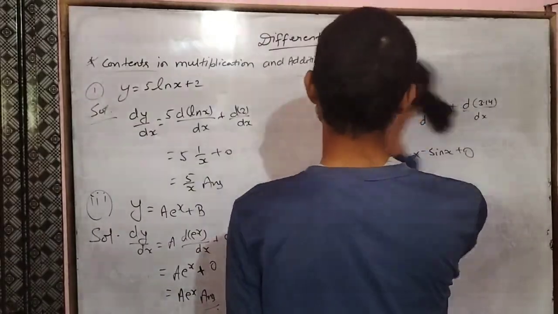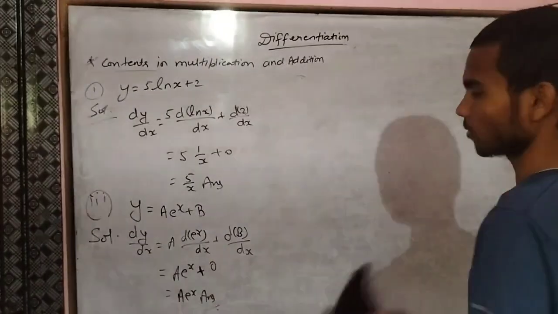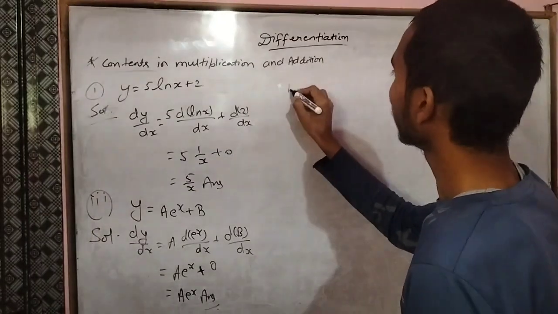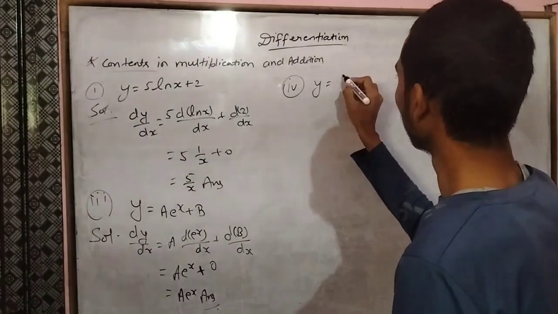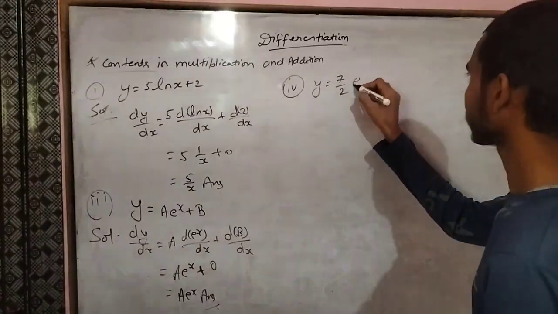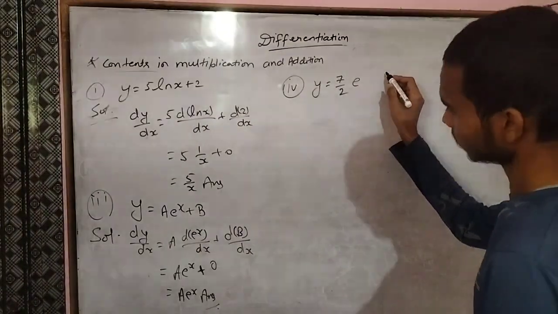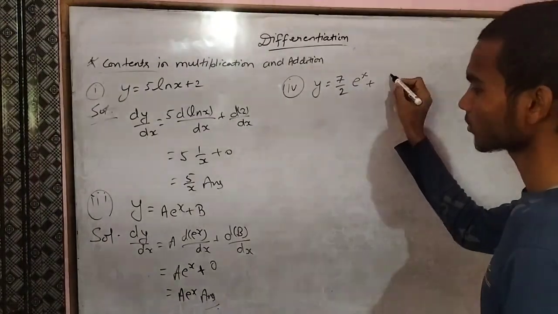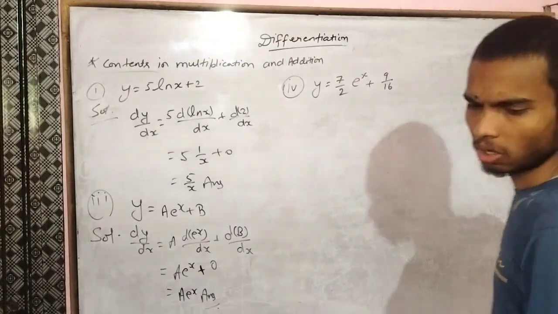Now next, what if the equation is 7 by 2 e x plus 9 by 16? Then how would you solve it?